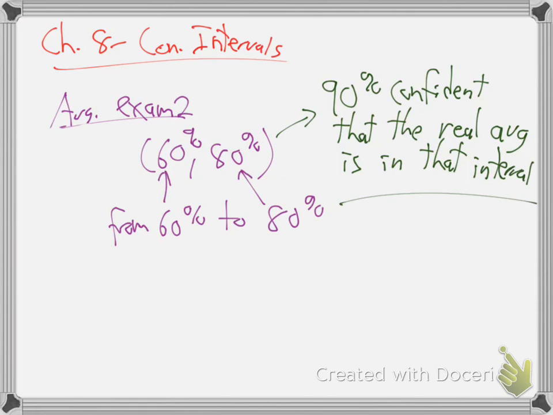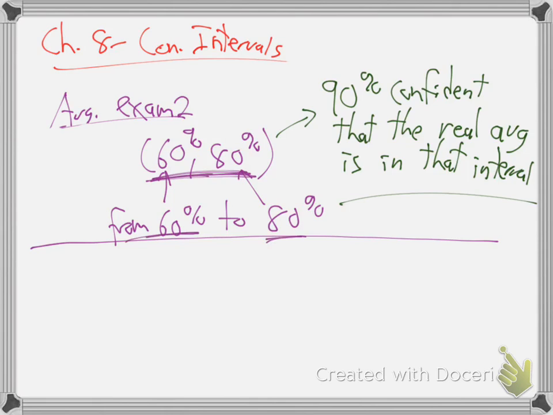Does that make sense? We all understand that idea of what I'm saying. I might say I'm 90% sure, and that's probably about where I am. I'm about 90% sure that the real average on that exam we just took, not knowing it exactly off the top of my head, but just having looked at the scores, is somewhere between 60 and 80%. Like it might be 69%, it might be 73%, it might be 75%, it might be 65%. I'm 90% confident it's somewhere between 60 and 80%.